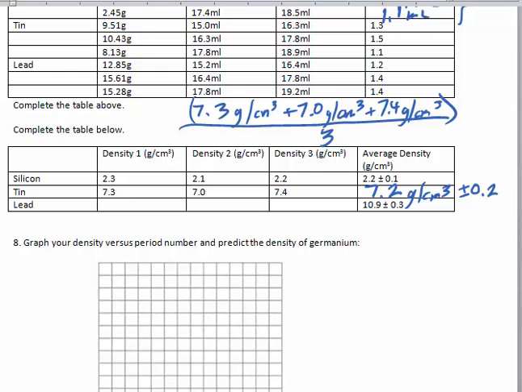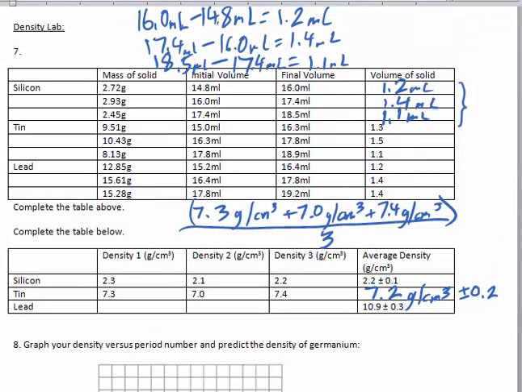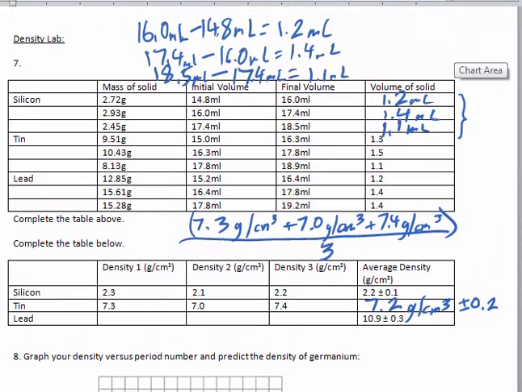On this last row, you have to determine the densities, and the way you do that is use the information from the table above to answer this question. So you take 1.2, which is the volume of the solid, and you divide the mass of the solid by it. So 12.85 divided by 1.2, 15.61 divided by 1.4, and 15.28 divided by 1.4.